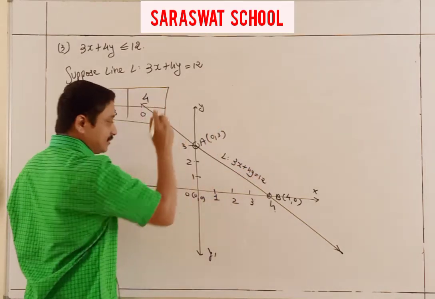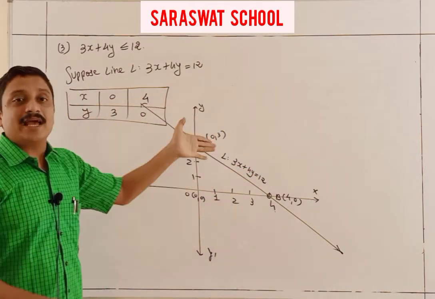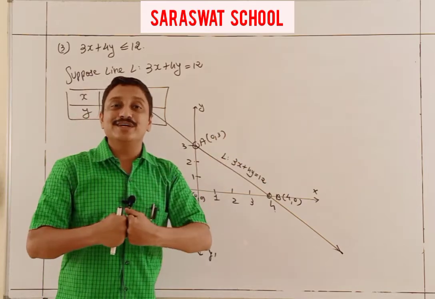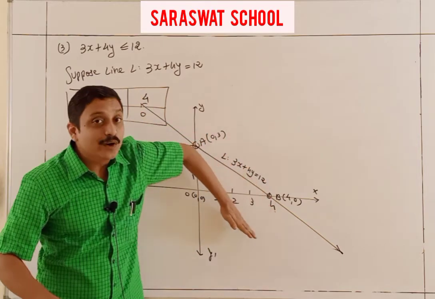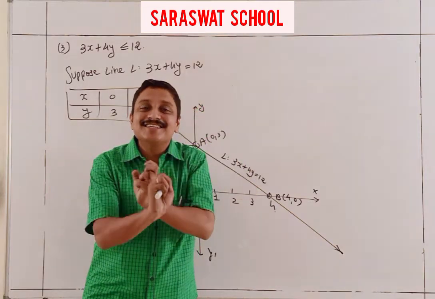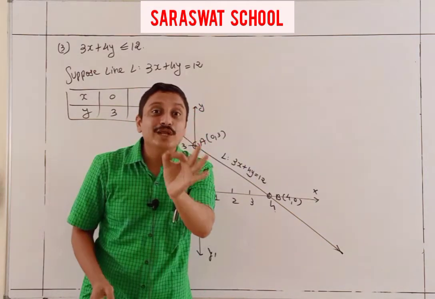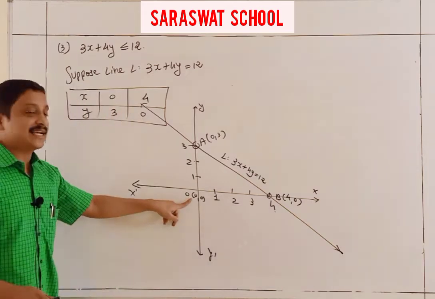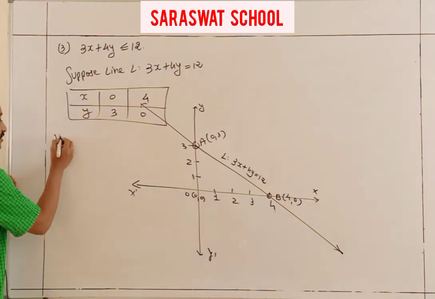Using a pencil and scale, L is your 3x plus 4y is equal to 12. Now this line is neither vertical nor horizontal. It means lower half plane, upper half plane. I just go to check the origin 0, 0, so verification.